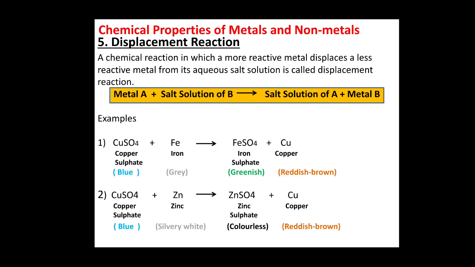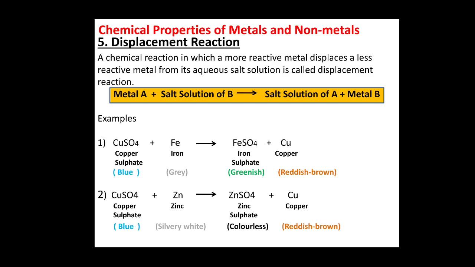Just see that I have written some color over here. This is one of the significances of this particular reaction. How do you know that the displacement reaction has occurred? From its color. Initially the copper sulfate solution color is blue, and the iron color is grey.